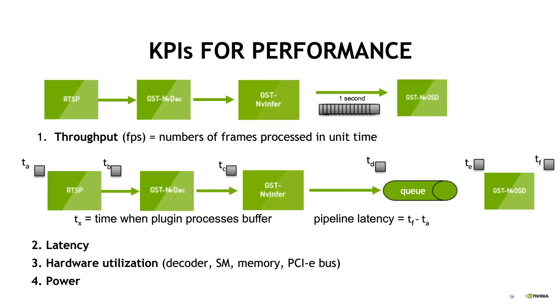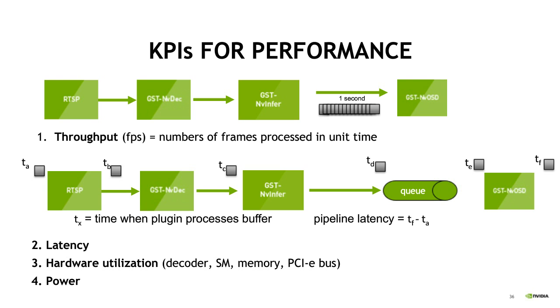We have many different hardware components, from the decoder block, the GPU, memory, and the different interface buses. Being able to appropriately load each of the hardware blocks is important. And finally, power needs to be considered depending on the application and platform being used. For instance, the requirements will likely be different for a Tesla-based server versus using a Jetson on the edge.